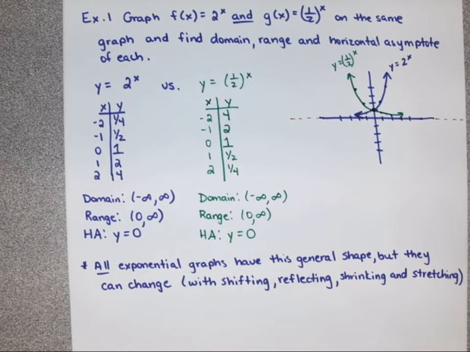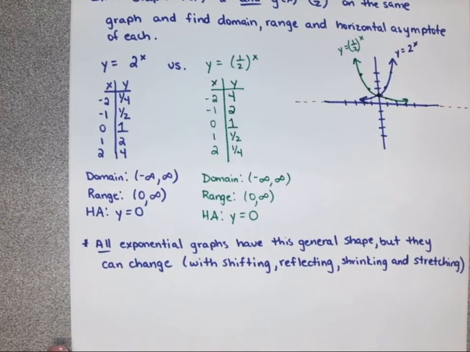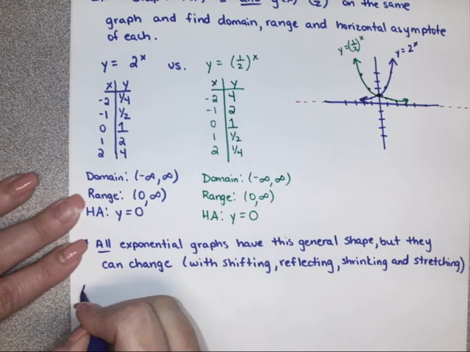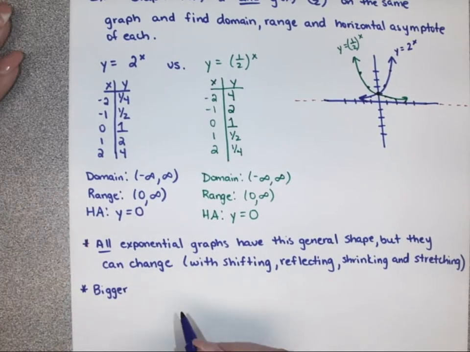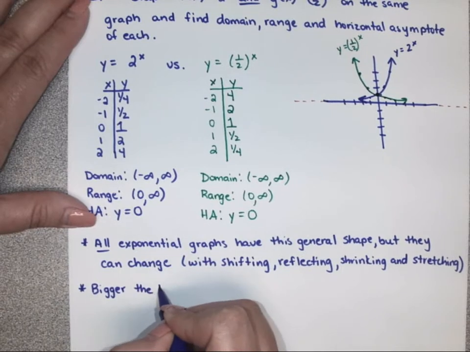So hopefully you remember, I actually included a question like this on test 2, but hopefully you remember what these changes look like and how you'll be indicating that you need to be doing these changes. But also know one more thing here. The bigger the base, the steeper the curve.